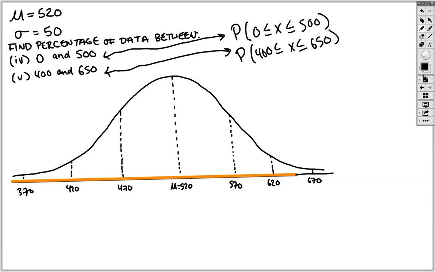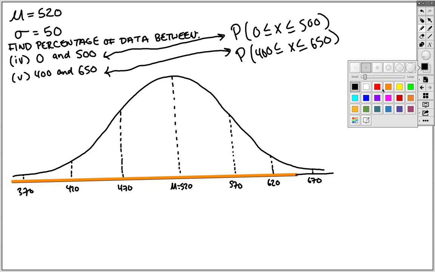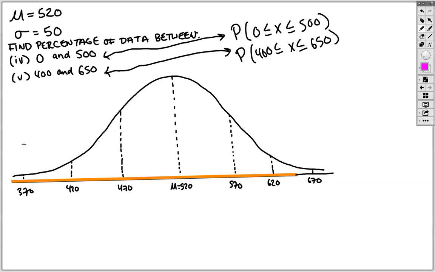So, let's look at number 4. For that problem, I'm going to use pink. We want from 0, which is all the way down here, to 500. Let's say 500 is right about here. We know that the area under the curve is equal to the percentage of data that falls in that region.